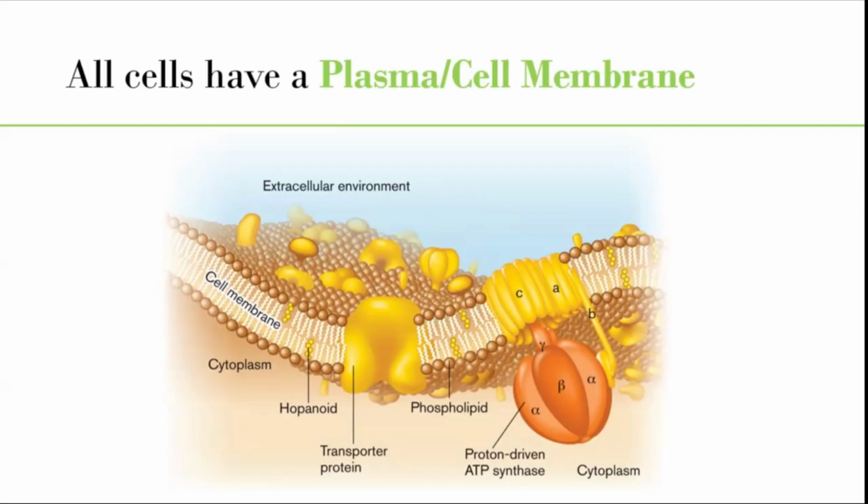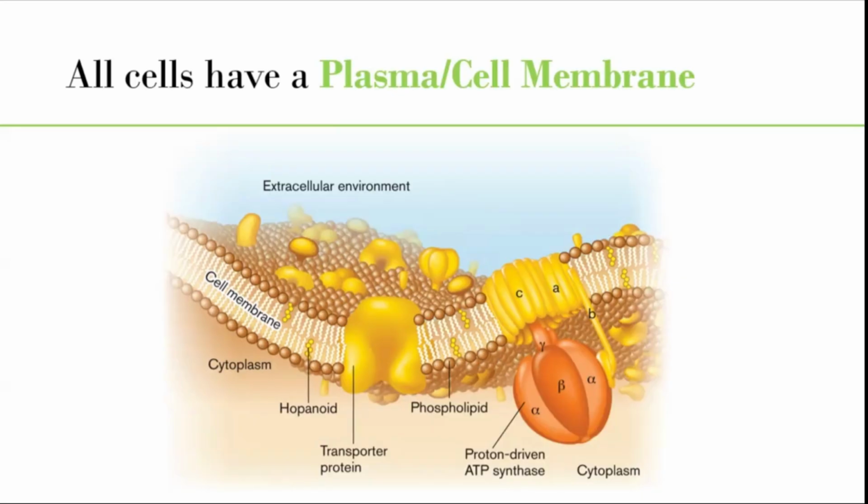Now also, we call each of these layers leaflets. And that's going to matter more in microbiology than in the eukaryotic cell biology that you learned, because we're going to have more than one membrane in a moment. So this will be the inner leaflet. This will be the outer leaflet. And technically, there's going to be a difference between those.